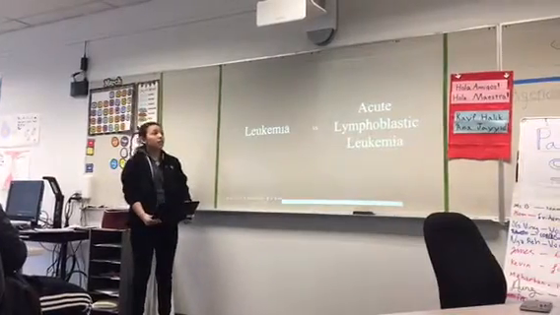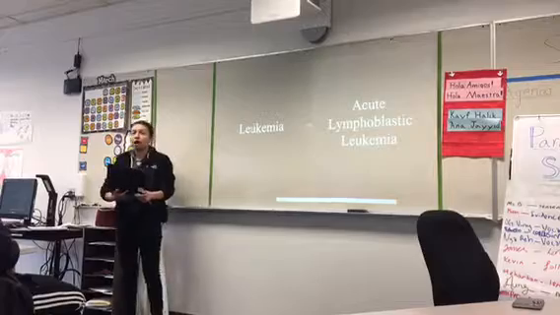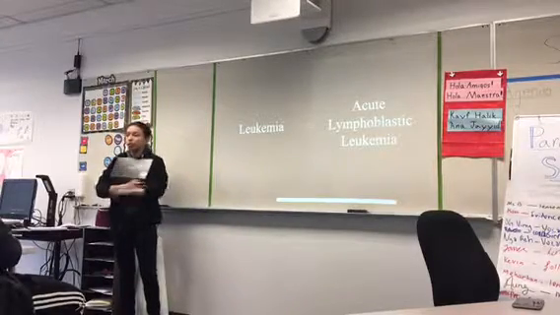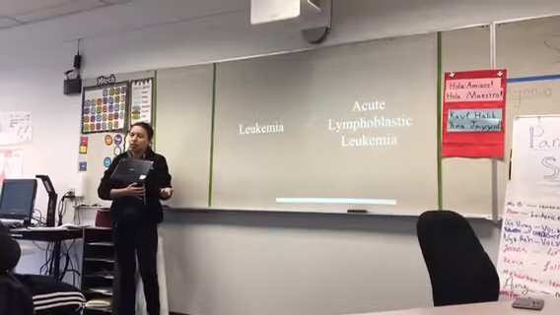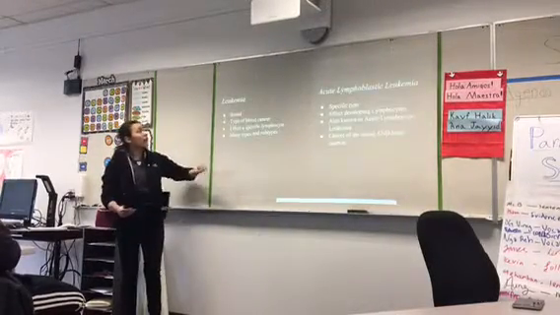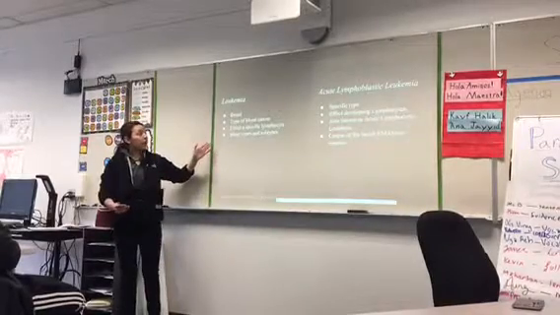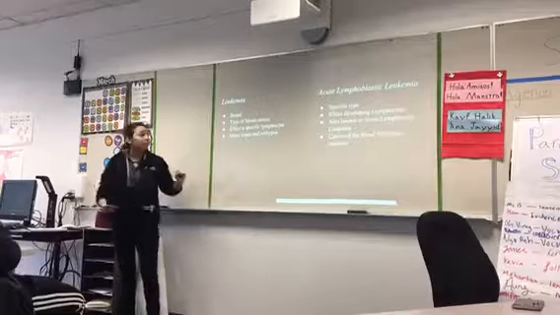First, there's always a misconception that leukemia is just one type of blood cancer. It is a type of blood cancer, but there are many subtypes to it. Leukemia is a broad name for lots of subtypes.